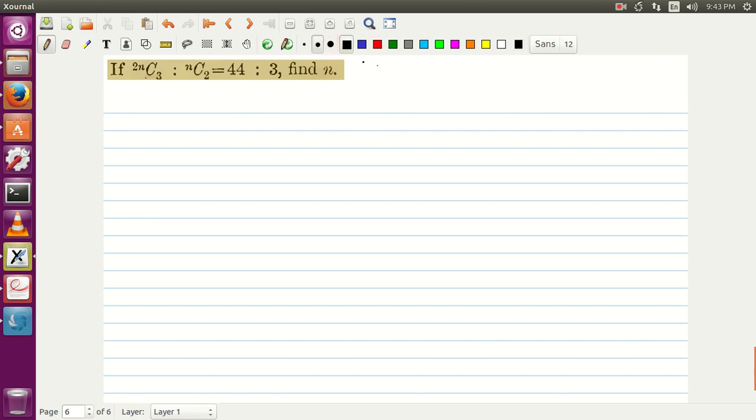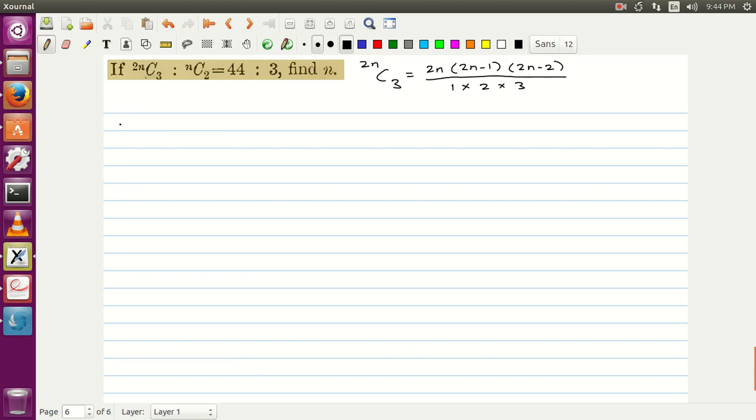So we know that 2nC3, how can we write it? We can write it as 2n times 2n minus 1 times 2n minus 2, divided by 1 into 2 into 3, right?